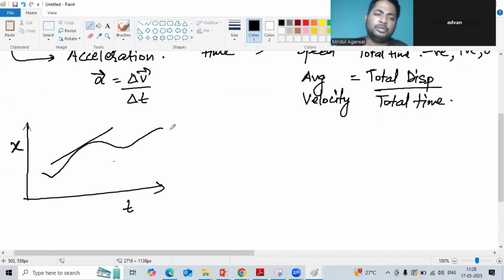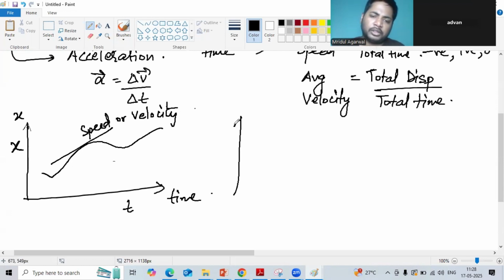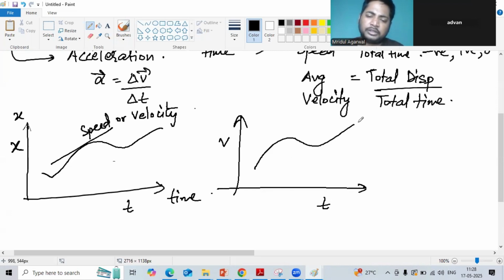It will give you the instantaneous speed or velocity at that point. Correct? But on a velocity versus time curve, the VT curve, if you take a slope, it will give you the acceleration at that point.